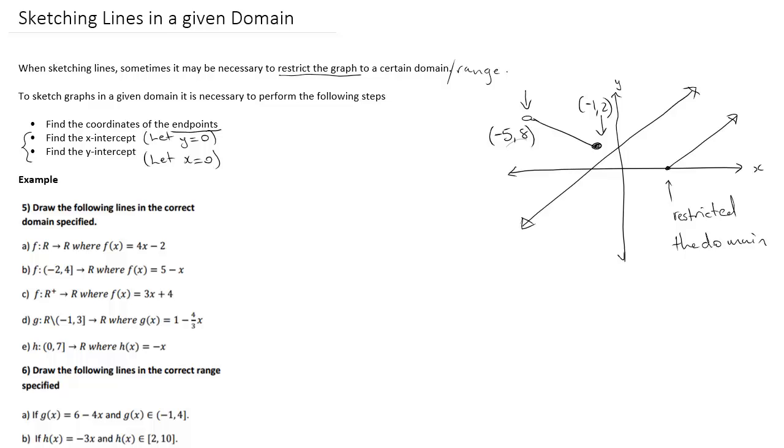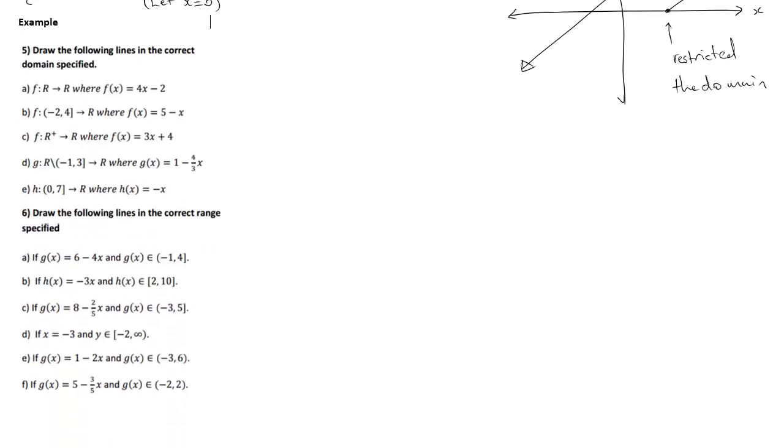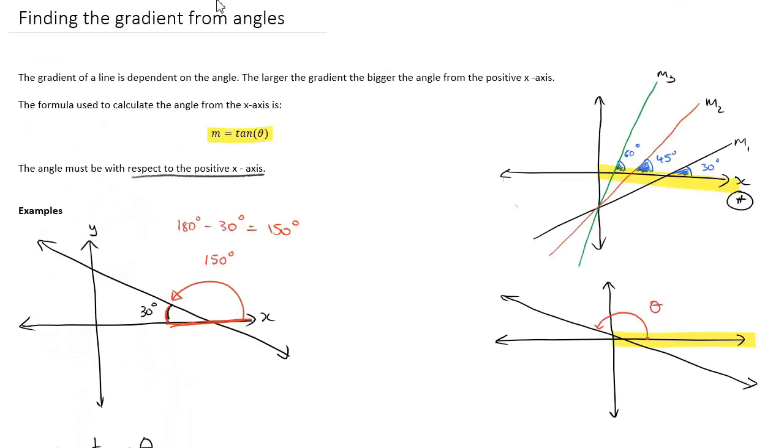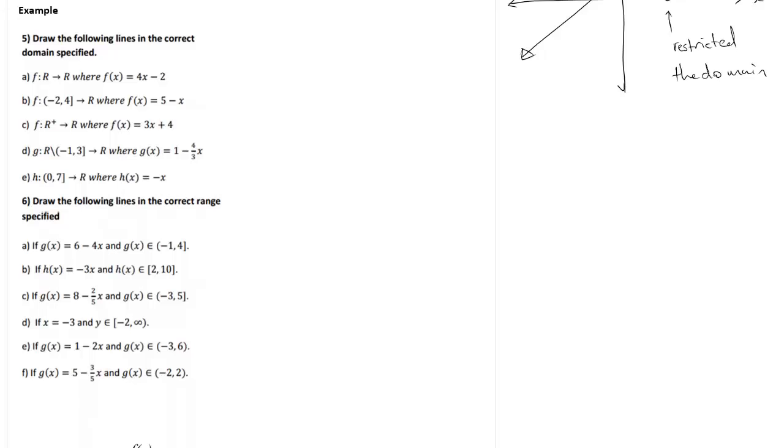Now let's have a look at some of these examples. These are off the worksheet. What I'm going to do is select a few of these questions, about 6 of them, that we can work through together. So I'm going to select 6 examples.